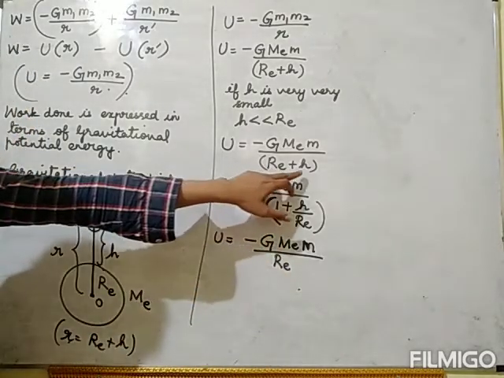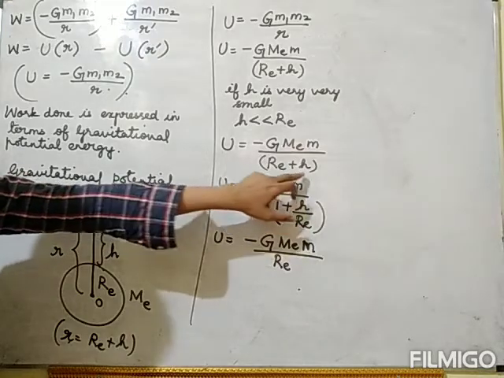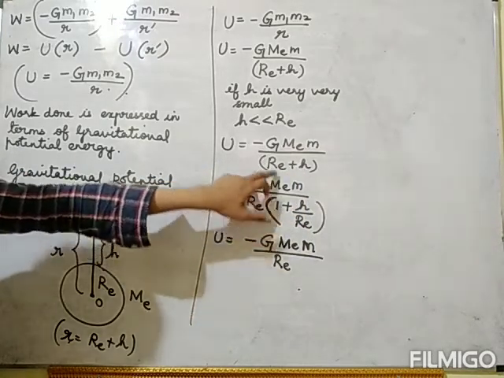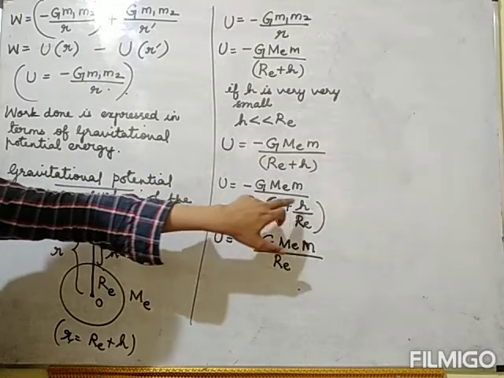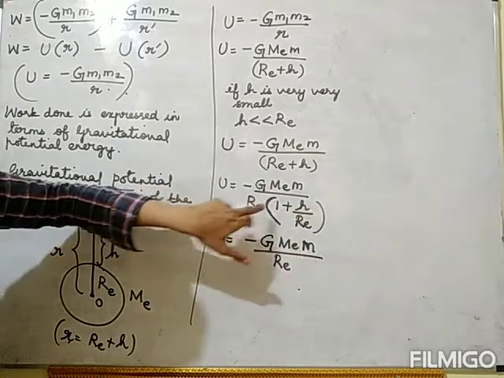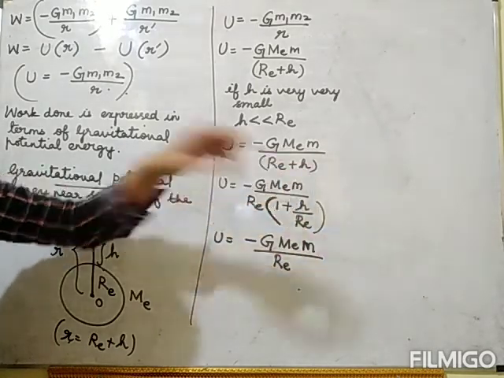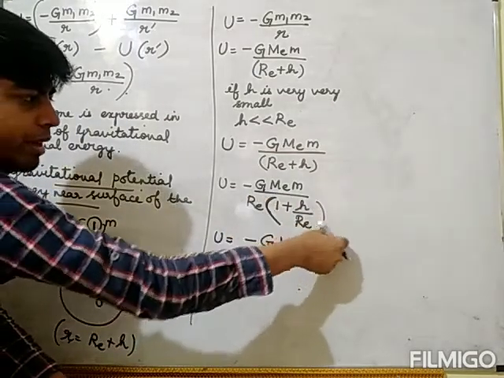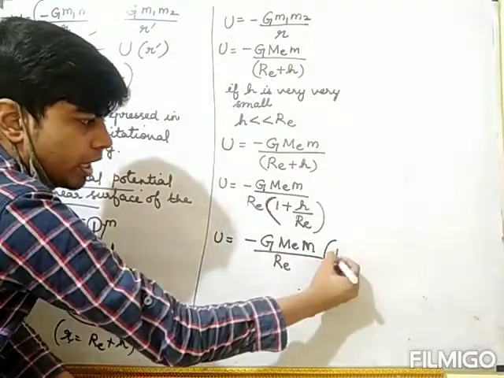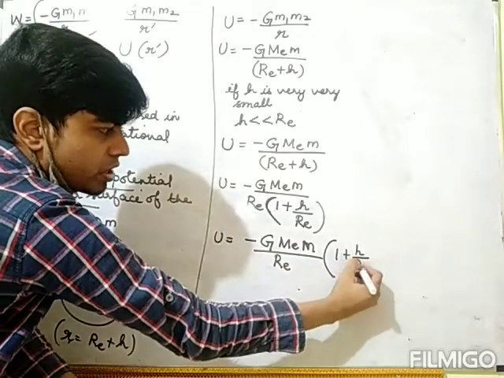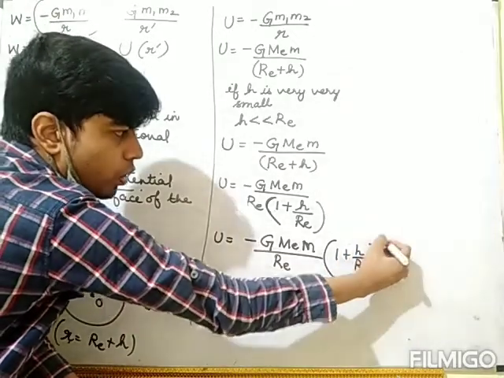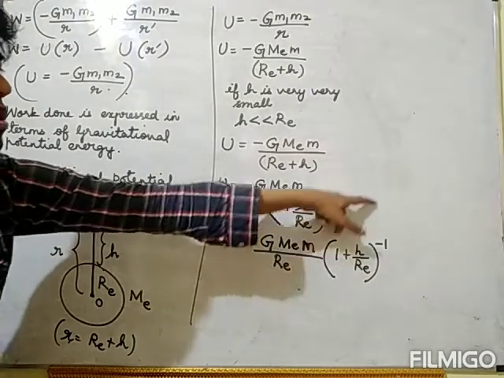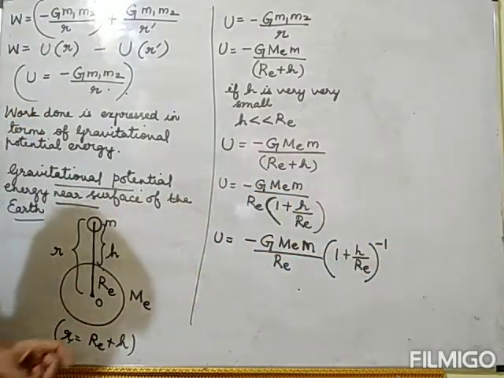In the term we don't have Re, only in this one Re is there. So Re into 1 is Re, Re into H by Re, Re will get cancelled. I will get only H. So this bracket term I am taking it to the numerator. It will become 1 plus H by Re whole power minus 1. So to the power 1, if it goes to the numerator, it will become minus 1.